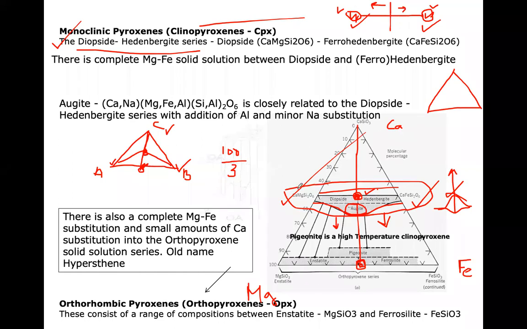This whole composition is taken as a diopside Hedenbergite series, but in the middle you have the augite composition, which deviates a little bit from the typical diopside Hedenbergite series by having a high amount of iron and magnesium relative to diopside and Hedenbergite.